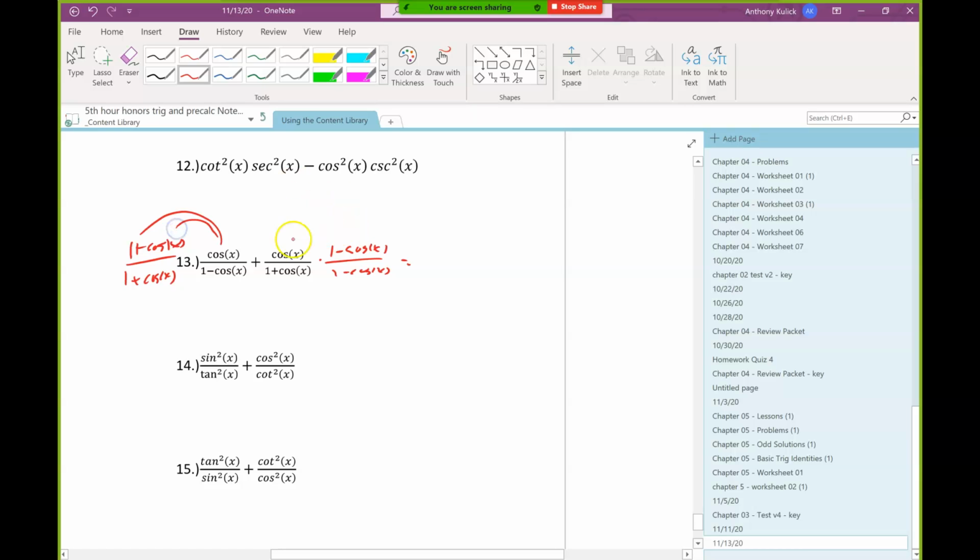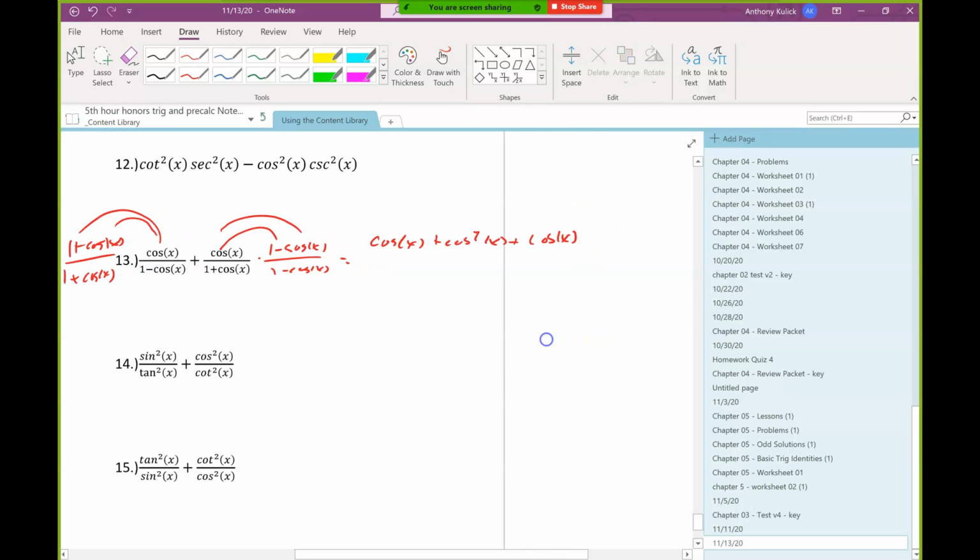So the cosines distribute there. So I end up with cosine plus cosine squared x plus cosine minus cosine squared x. And then if I FOIL that out, you'll end up with 1 minus cosine squared, as Elizabeth stated earlier.